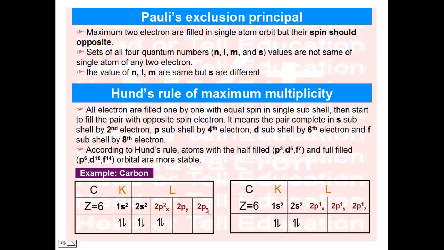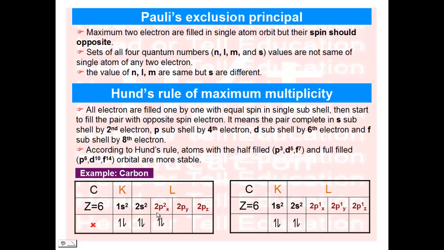Okay, that means we would require 3 electrons here, but the carbon number is 6, so we fill in a different way, so this filling is wrong. Now by applying the rule, 1s2 is okay, and 2s2 is okay.